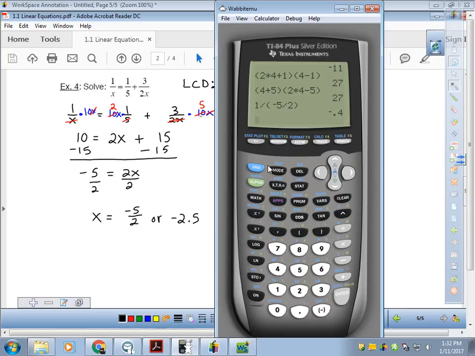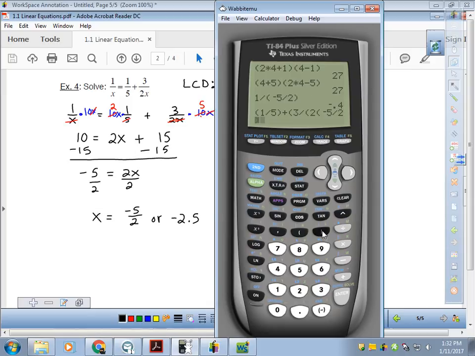All right, now I'm going to do this side. On this side, I'm going to do parentheses 1 divided by 5, or the 1/5. Then plus, and then parentheses 3 divided by, open parentheses, 2, parentheses, negative 5 halves, small parentheses on this one.